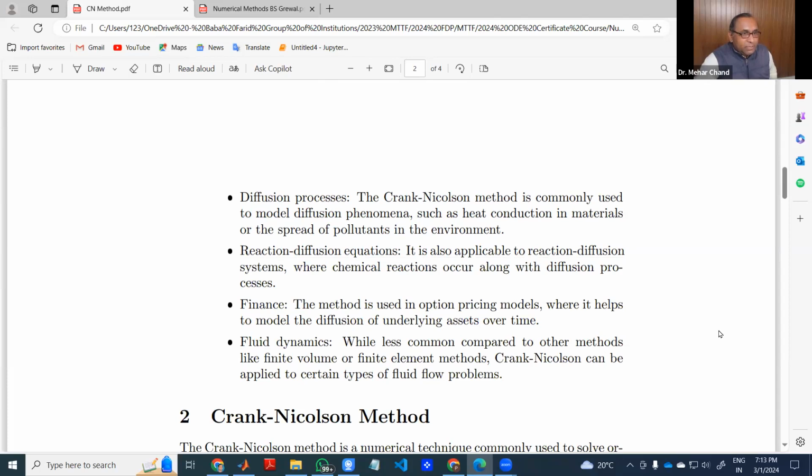It is also applicable to reaction-diffusion systems where chemical reactions occur along with the diffusion process, and the method is used in option pricing models where it helps to model the diffusion of the underlying asset over time. While less common compared to other methods like finite volume or finite element methods, Crank-Nicolson can be applied to certain types of fluid flow problems.